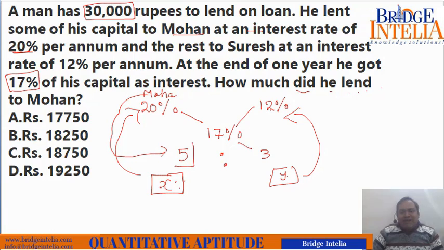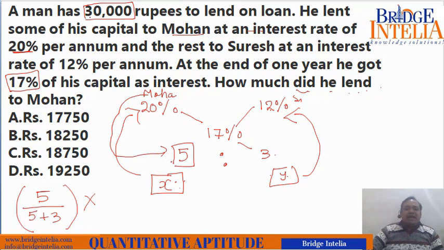So he got 5 parts. Suresh got 3 parts. So how much did Mohan get? Mohan got 5 parts out of a total of 5 plus 3, 8 parts of the entire amount. Amount is 30,000.